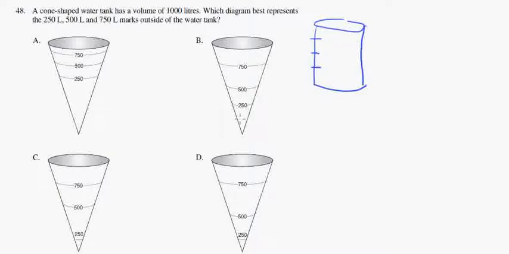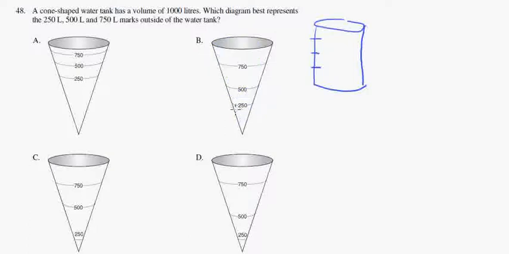The cone is slightly different in that it is a triangular shape, so we can't mark it at the 1/4, halfway, and 3/4 mark. That means that B is immediately thrown out.